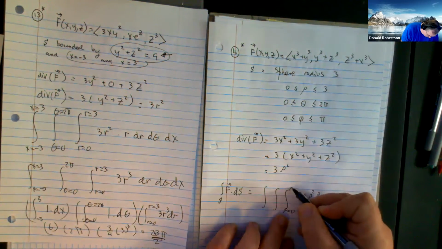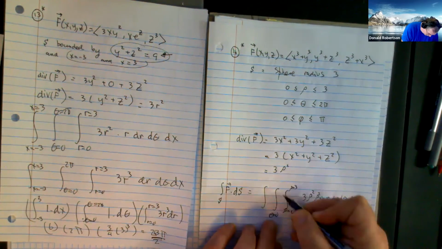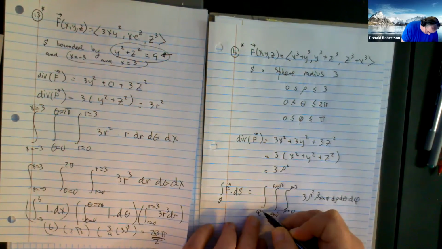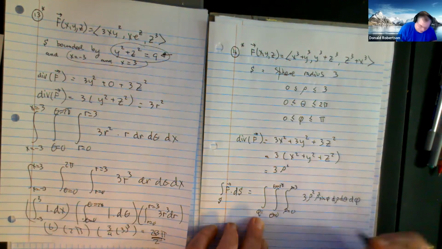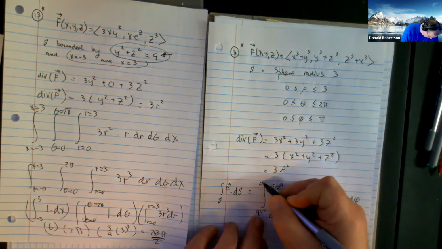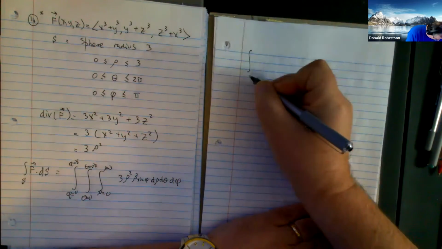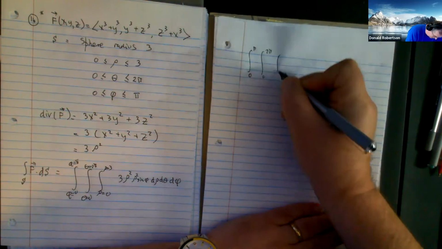And the limits of integration then are going to be in the order I've got them anyway. Rho is going to go from 0 to 3. Theta is going to go from 0 to 2 pi. And finally, phi, the squiggly thing as you call it. Think phi, fo, fum thingy. Remember that guy, phi. And what is phi? 0 to pi. So on the next page, I won't put the guys, I'll just put 0 pi, 0 2 pi, 0 3.